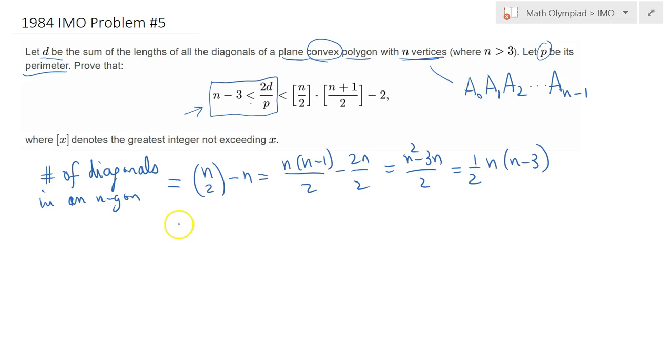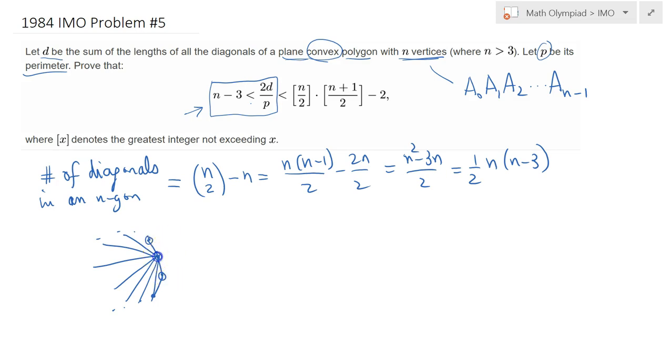Alternatively, you could have done this: consider our convex n-gon, and consider this vertex. This vertex can be connected to all the other vertices through diagonals, except that it cannot go to its two neighbors and to itself.